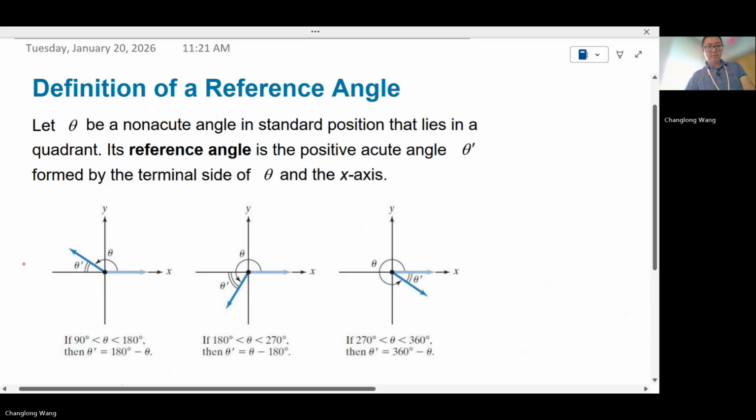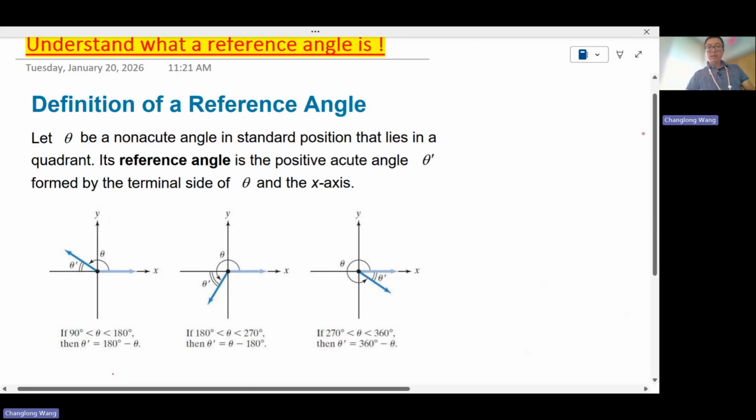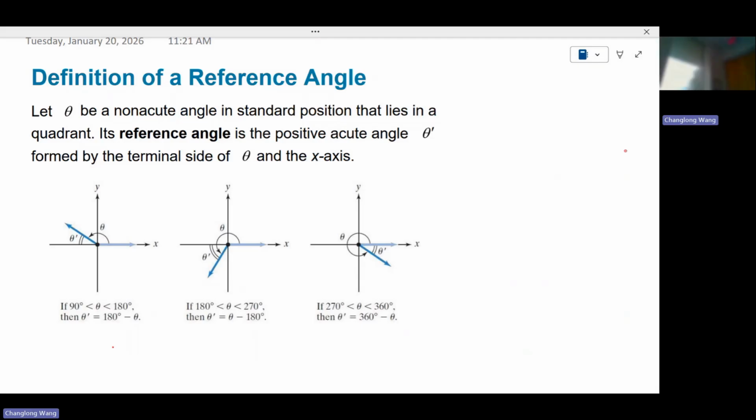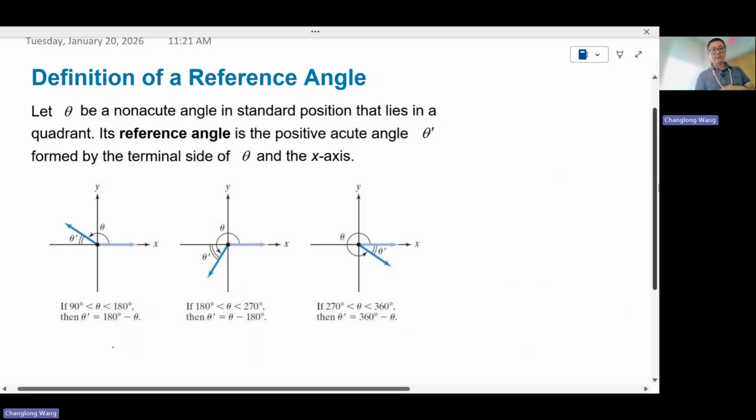Once you understand how the reference angle is defined, then later when you have to calculate the reference angle, it will be surprisingly easy. But then the definition might be a little bit too abstract. That's why they provide you those figures.